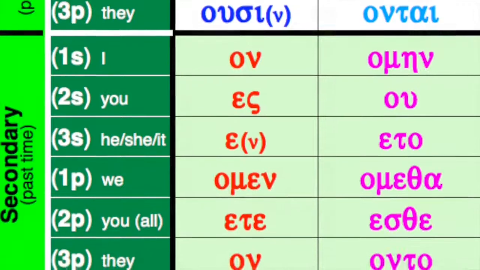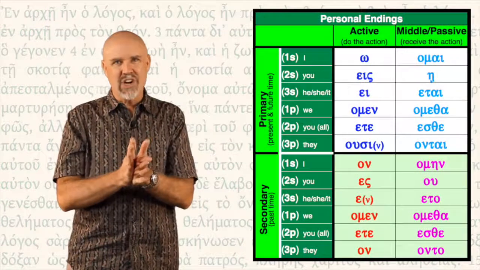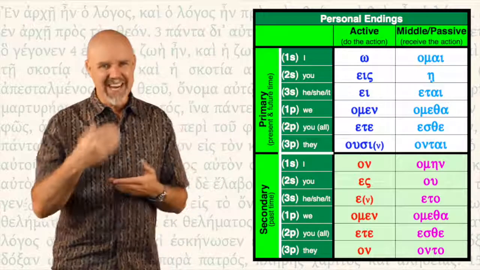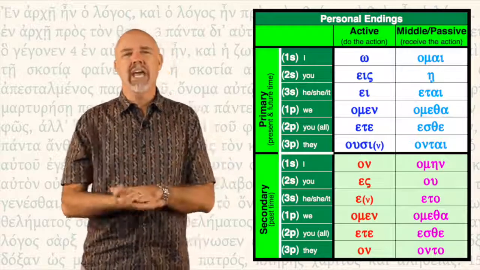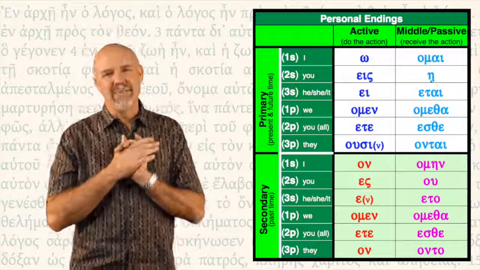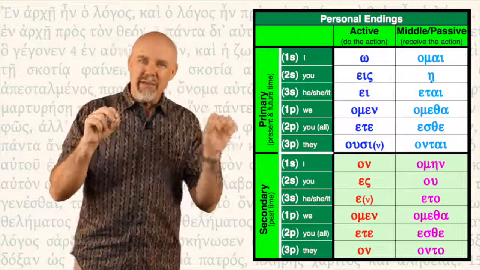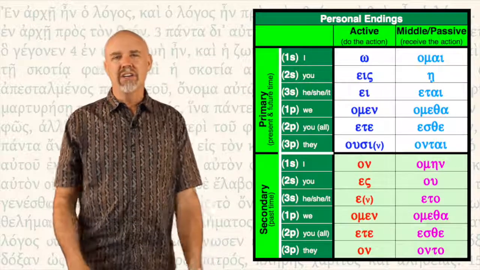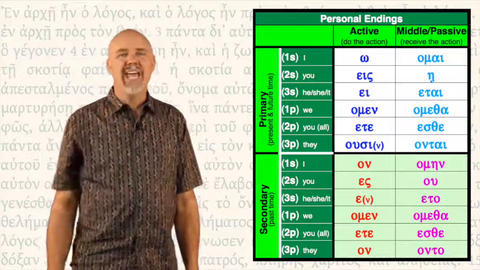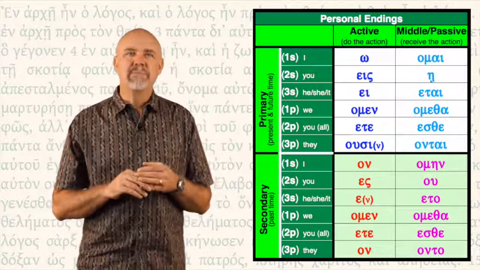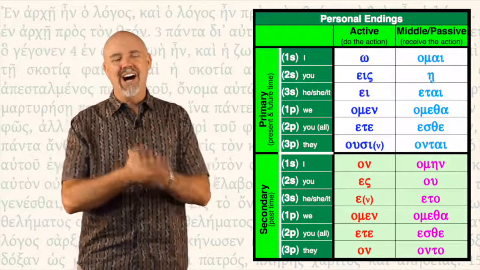The primary active personal endings are o, eis, ei, omen, ete, ousi. Okay. The primary middle passive endings are omai, ei, etai, ometha, esthe, ontai.